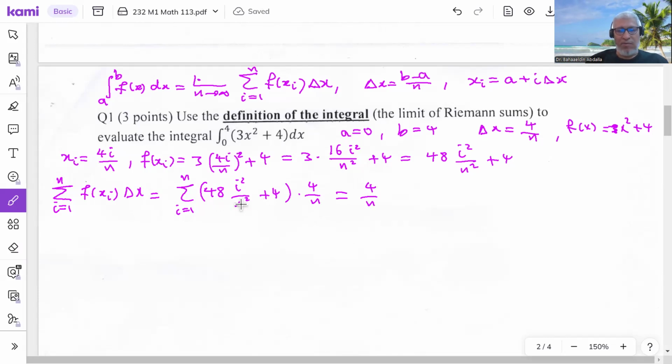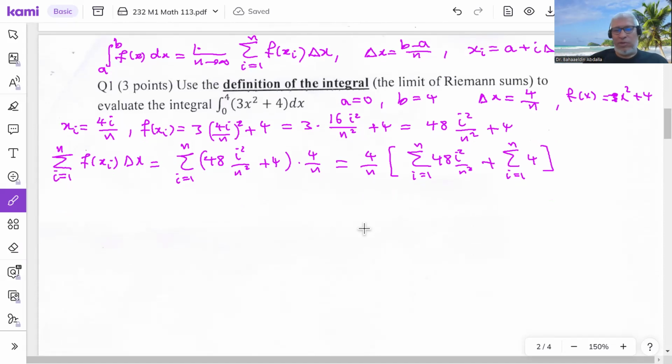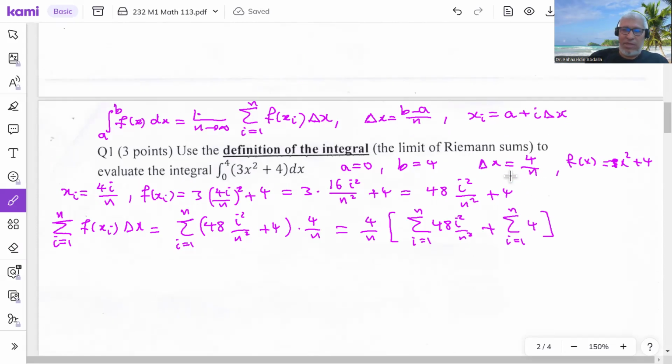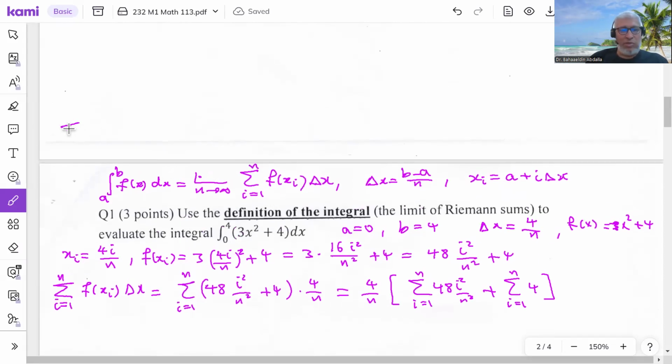And then I'll have the summation of 48 i squared over n squared plus the summation of 4. So I can distribute the summation among these two terms. For the summation of 4, 4 is a constant, c. There is a formula that says the summation of c, i from 1 to n, is equal to cn.